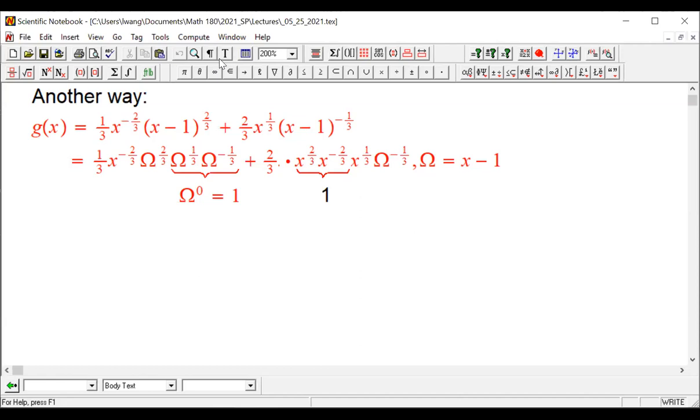That is x raised to the power of 2/3 minus 2/3, and that is 0. And x raised to the power 0 is 1. Do you follow me?